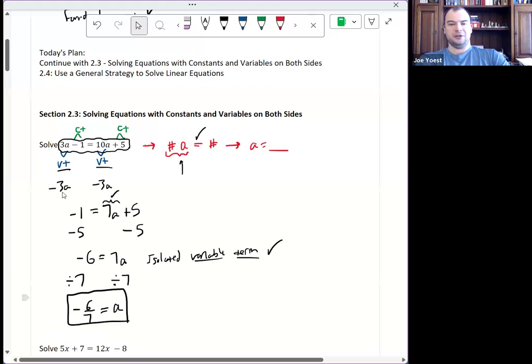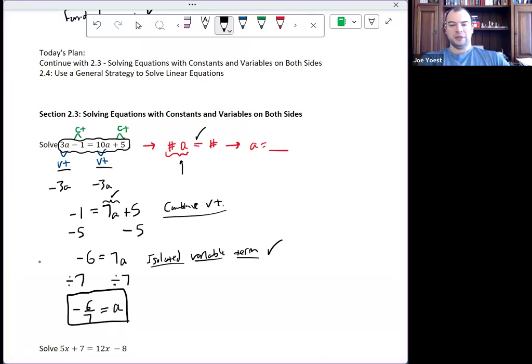So the nice thing is that if we understand this structure, if we understand our different intermediate goals, we combine the variable terms, we isolate the variable term, we isolate the variable itself. And then, of course, always kind of hidden in the background is we check our work, we plug back in.